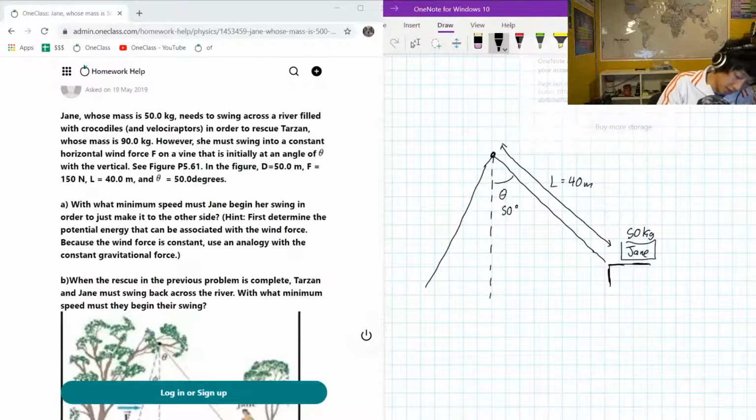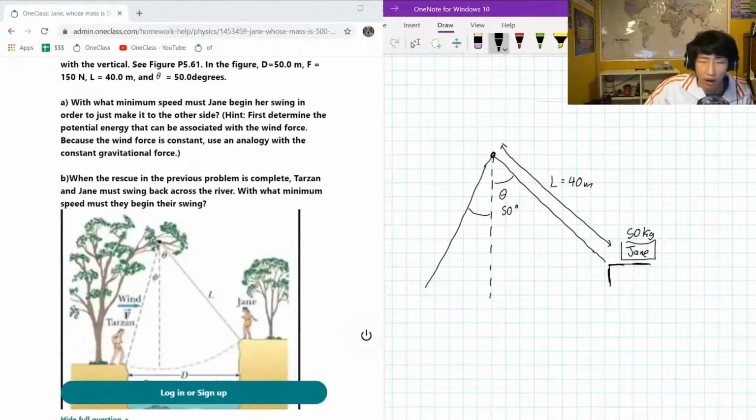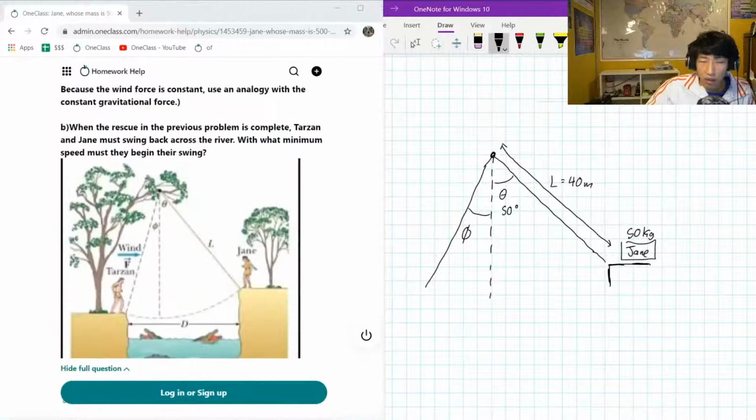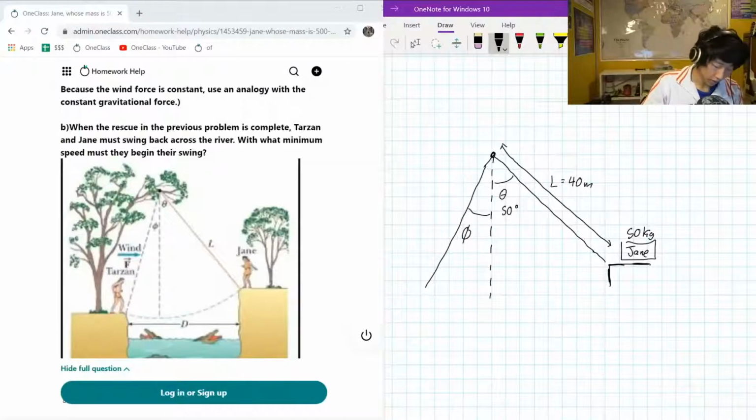Here they represent that with the letter chi or phi. Now, I don't think we're given phi, so we'll probably need to calculate it, which is nothing to be too worried about. Okay, no worries.